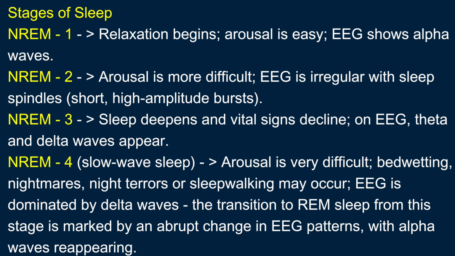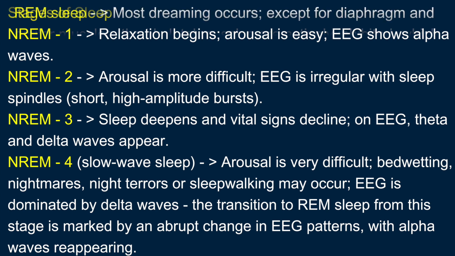In third stage, sleep deepens and vital signs decline. On EEG, theta and delta waves appear. In fourth stage, arousal is very difficult. Bedwetting, nightmares, night terrors, or sleepwalking may occur. EEG is dominated by delta waves. The transition to REM sleep from this stage is marked by an abrupt change in EEG patterns, with alpha waves reappearing.